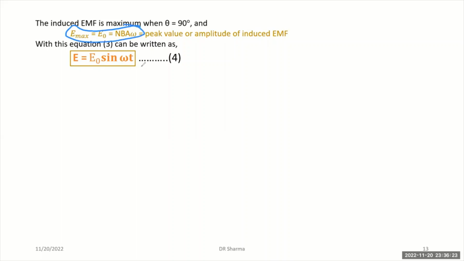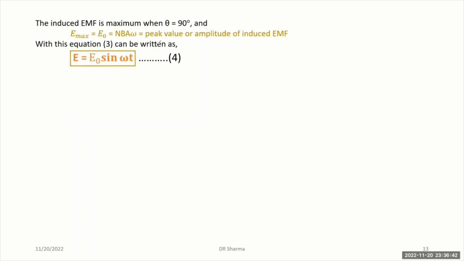That maximum value is called peak value or amplitude of induced EMF. Now we can write equation 3 in terms of amplitude as E is equal to E naught sin omega t.